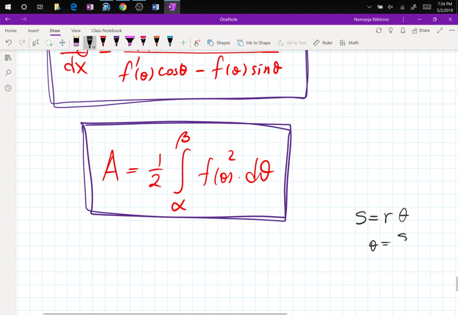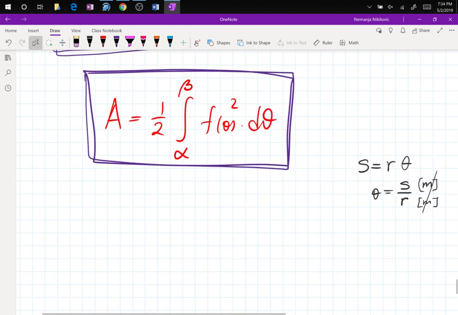So theta is S divided by the radius r. If arc length is in, let's say, meters, and the radius is given in meters, when they cancel, theta has no unit. We do use radians, but it's actually a ratio. It's not a unit in terms of meters or inches or anything. So this doesn't bring a dimension to our calculation. Both dimensions are encoded in the square over here. So this is area. Okay, good. So dimensionally this equation makes sense.